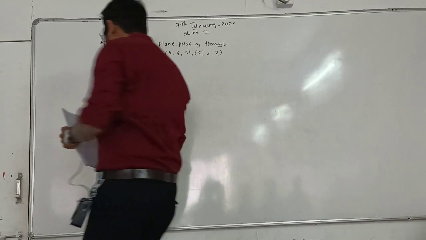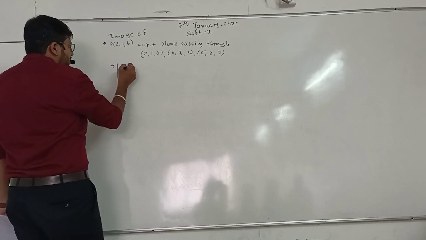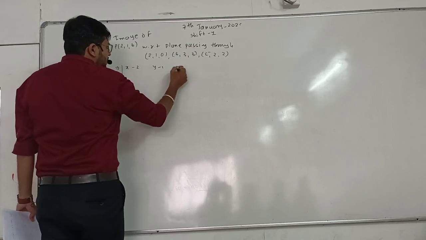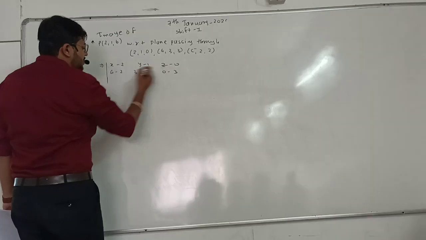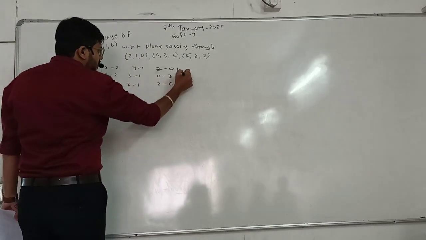So there is a condition that the equation of a plane passing through 3 non-collinear points is the determinant of (x minus 2, y minus 1, z minus 0), (6 minus 2, 3 minus 1, 3 minus 0), (5 minus 2, 2 minus 1, 2 minus 0) equals 0.